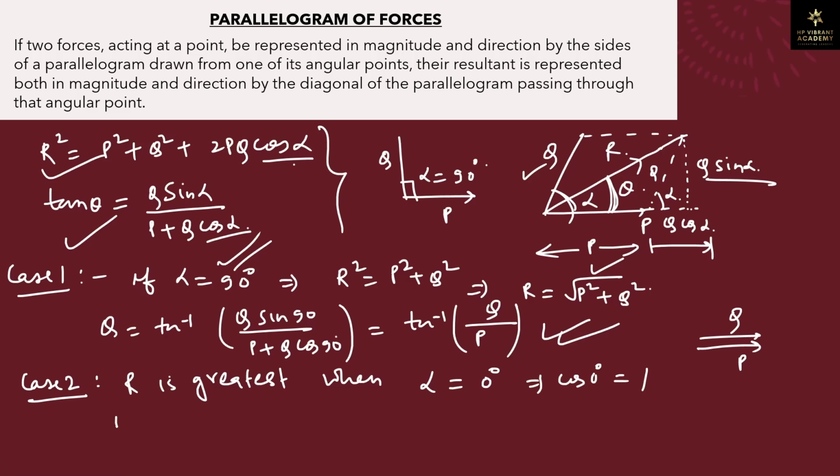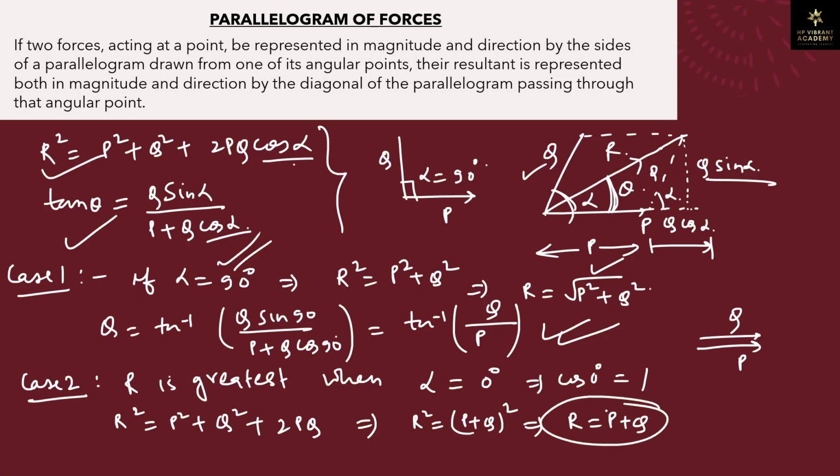So R square is equal to P square plus Q square plus 2PQ, since cos of 0 is 1. So R square is equal to P plus Q whole square, so R is equal to P plus Q.